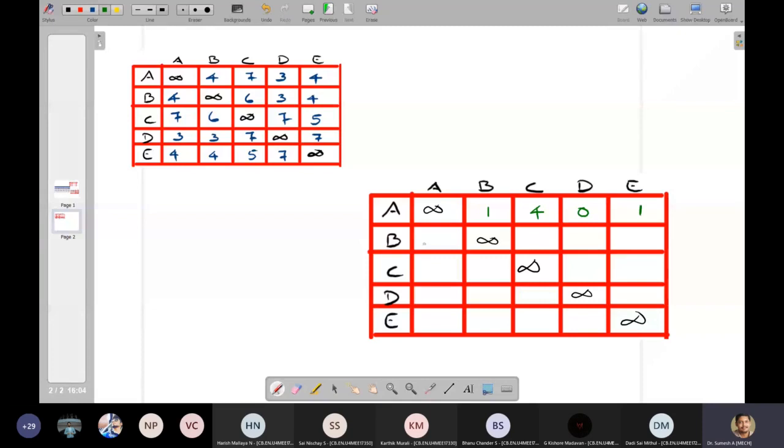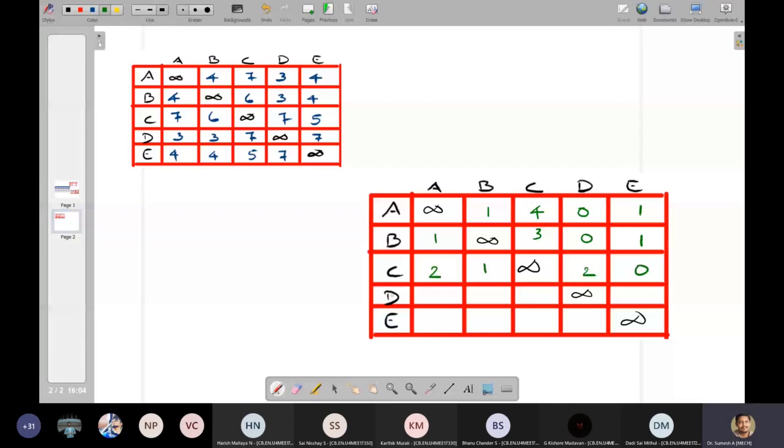B, 3 is minimum. So this is 1, 3, 0 and 1. Next one, 5 is the minimum. So 2, 1, 2 and 0.